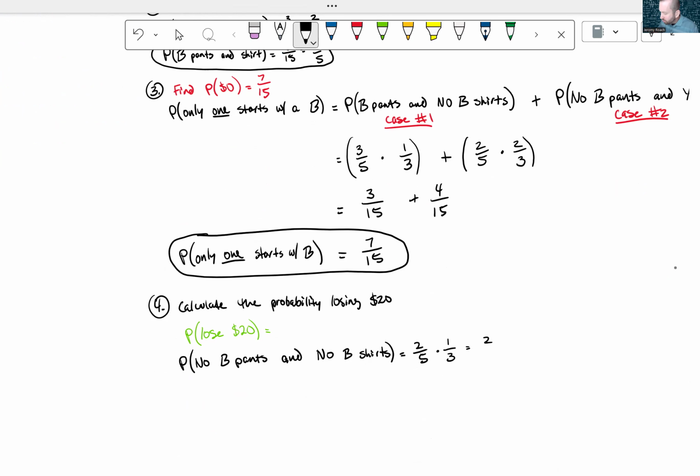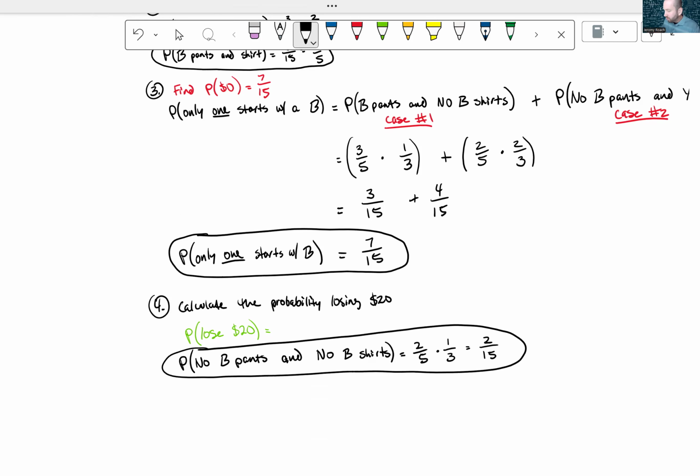So we get 2/15. And that's the probability that neither the pants or the shirt start with the letter B.